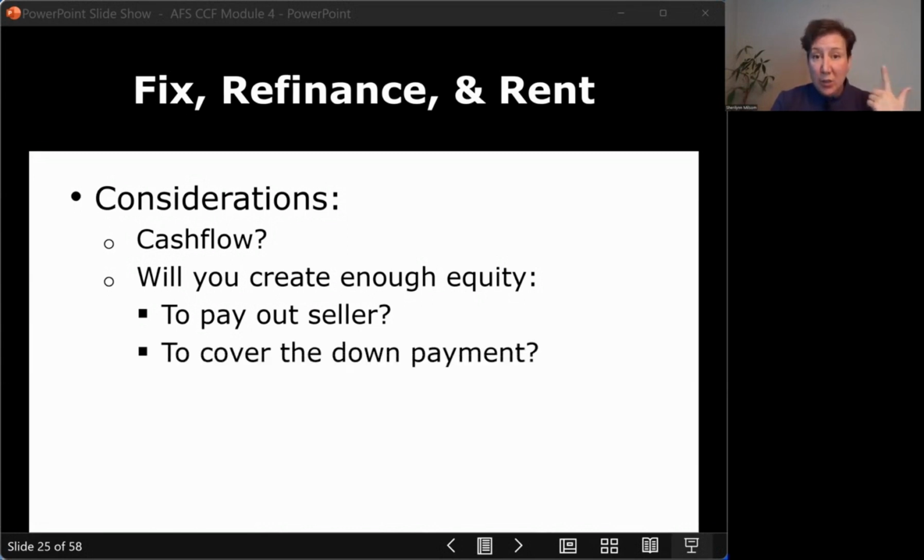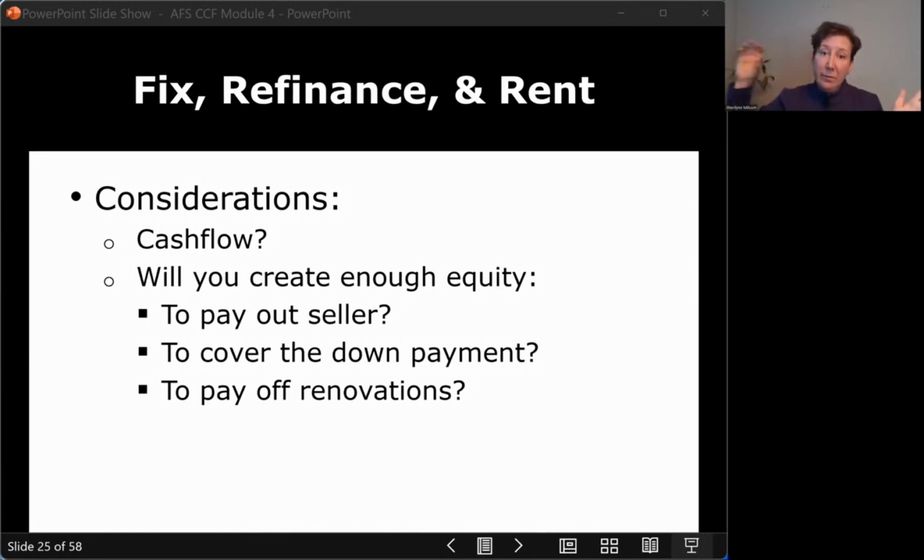You would want the 20% down payment to be still able to be left in the property, and potentially to pay off renovations. So you need to consider how much of a spread you've got to start with, how much of the money you're going to be able to pull out in that refinance, and what it's going to pay for, and what you still might need to cover.